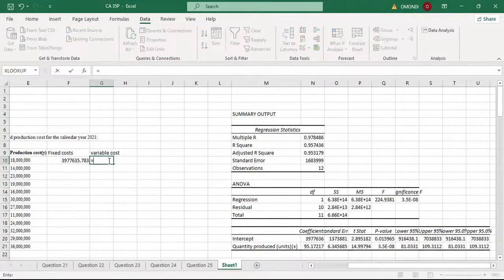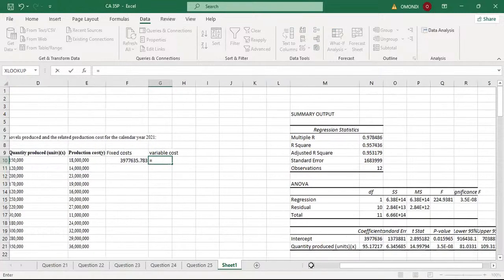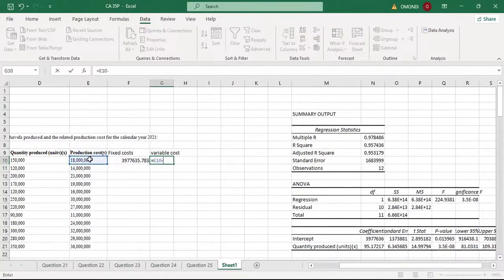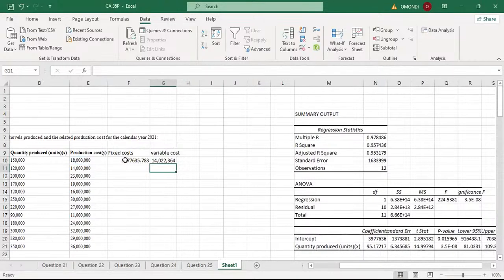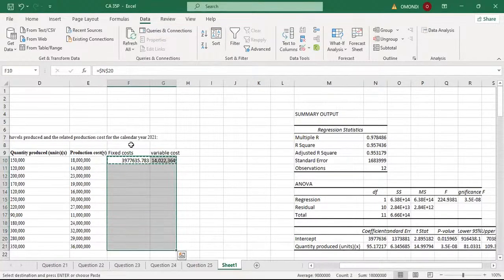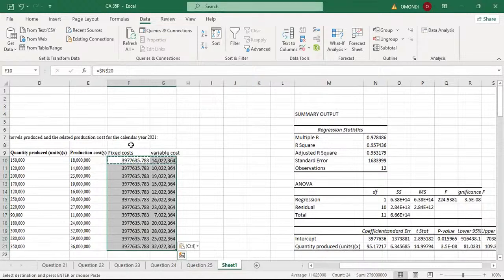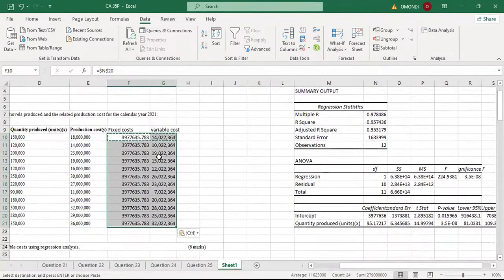How do I get variable? Variable is equal to total costs minus my fixed costs. Then I enter. And then I have my total, variable, and fixed cost.